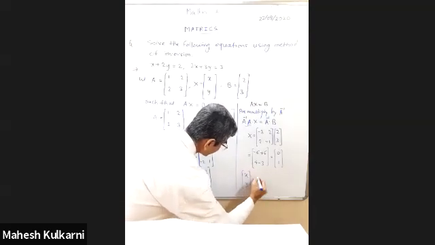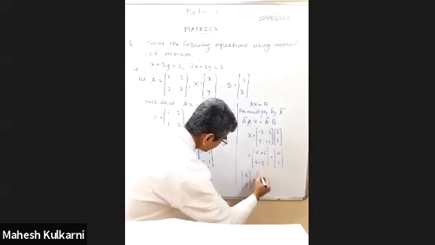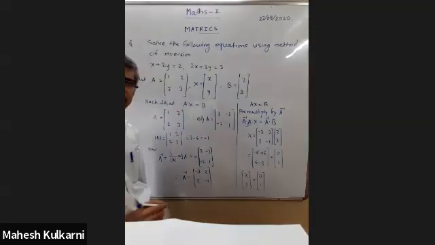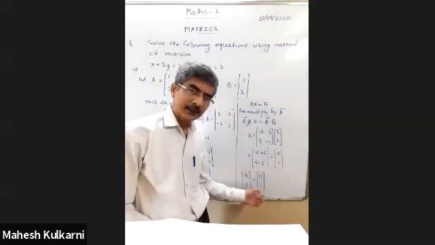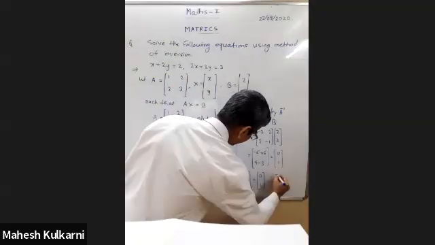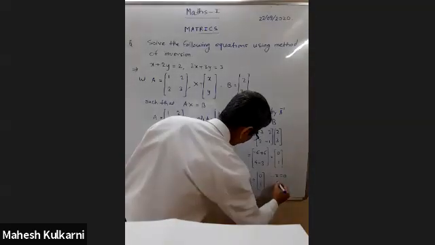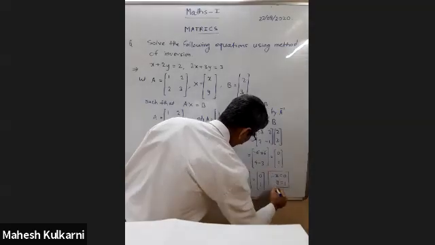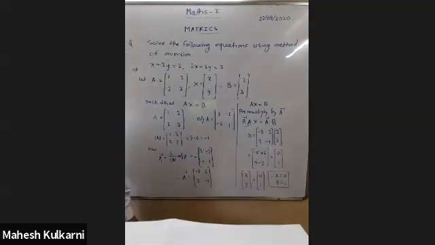This is the LHS. And what about the RHS? It is also a column matrix of the same order. Two matrices are equal means their corresponding elements are equal, and therefore x is equal to 0, y is equal to 1, which is the solution of the equation.